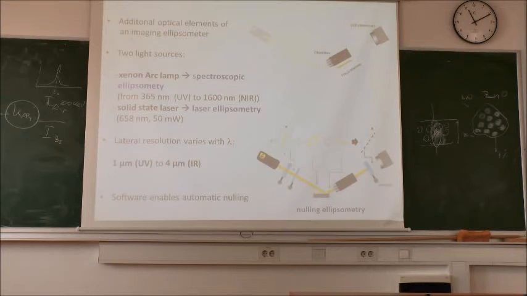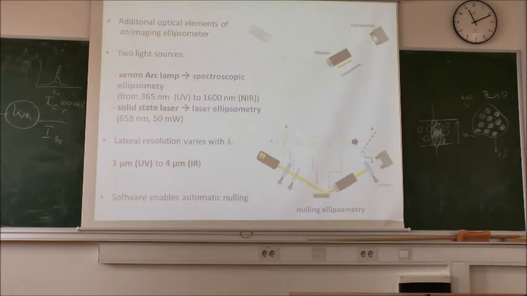In the case of the xenon arc lamp, we can perform spectroscopic ellipsometry, while in the case of the solid-state laser, we perform laser ellipsometry. The specialty of our system is the extension to the near-infrared region, which makes our system very useful for investigations of semiconductor materials.